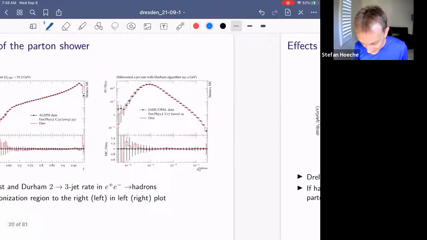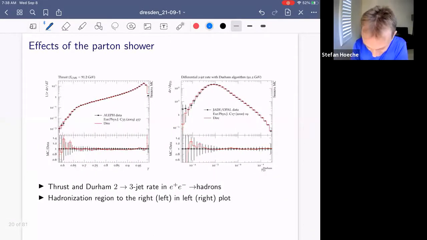So I will now go and discuss the effects of this. We look at two classic distributions essentially. The first is the thrust distribution in e+e-, the other one is the differential 2 to 3 Durham jet rate, also in e+e-. The first thing I would like to point out is that this is a distribution that goes over all phase space.